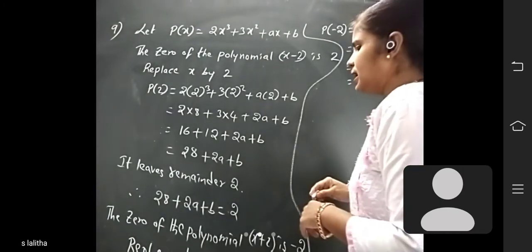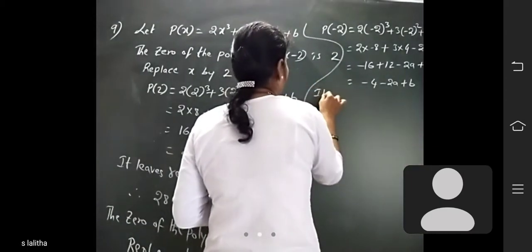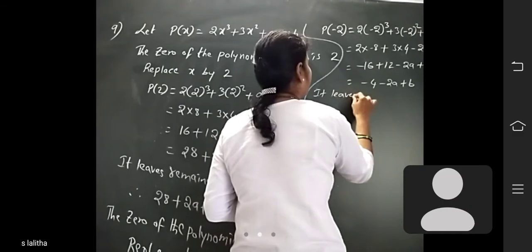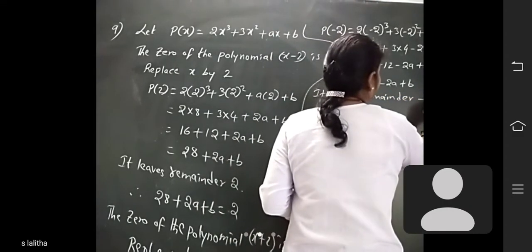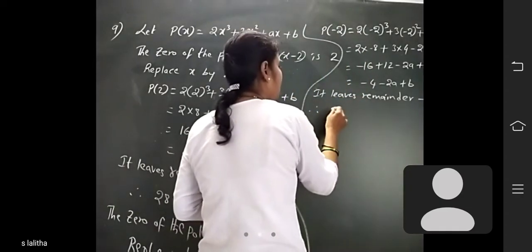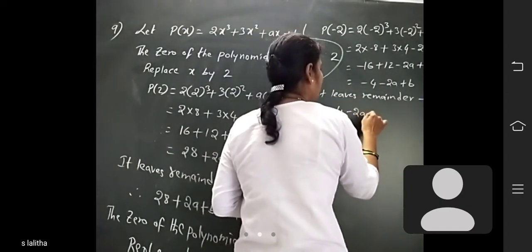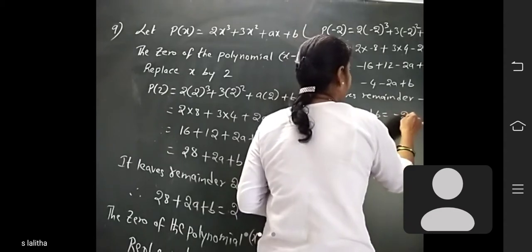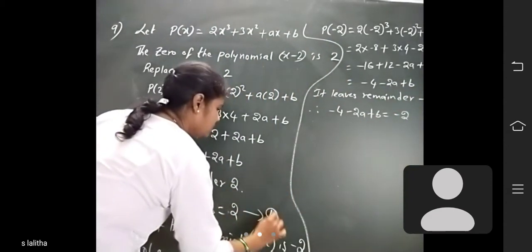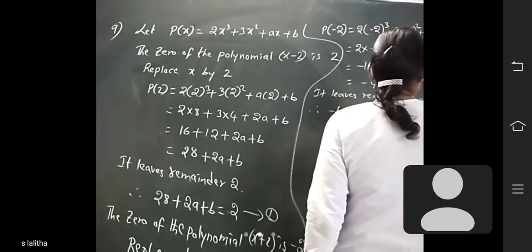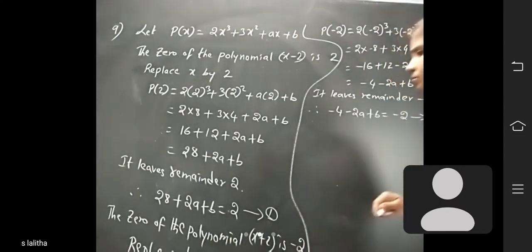And the remainder is minus 2. So therefore minus 4 minus 2a plus b equal to minus 2. Okay. Now this equation is first equation and this equation is second equation.